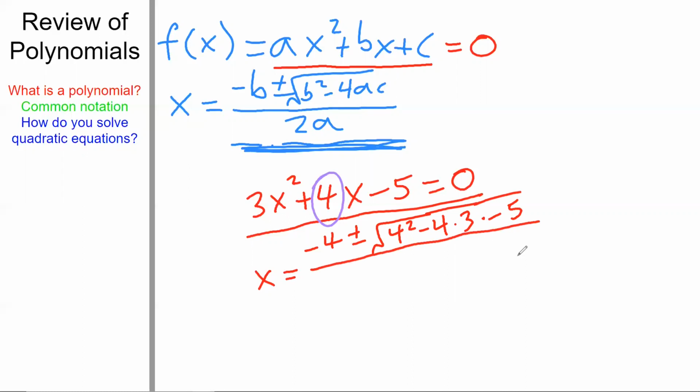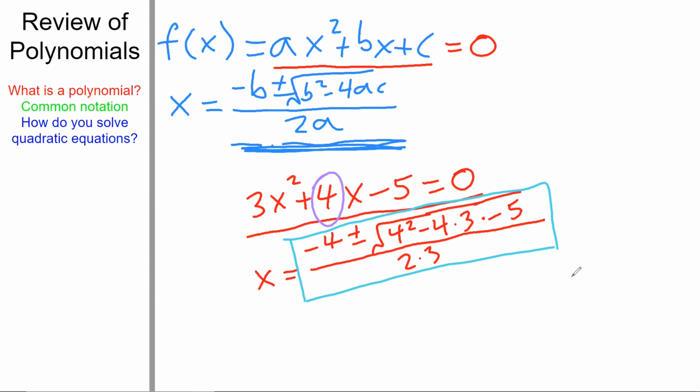And I divide the whole thing by 2 times a, which is 2 times 3. So this huge monster of a number here would be the answer to the equation.